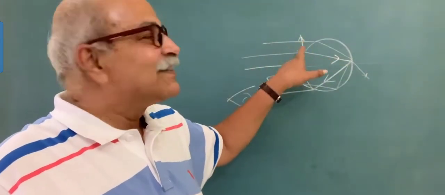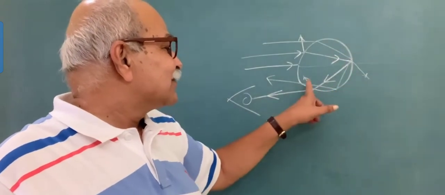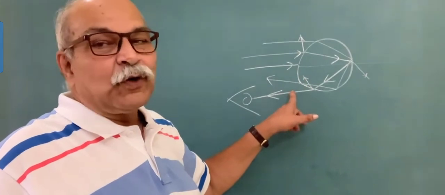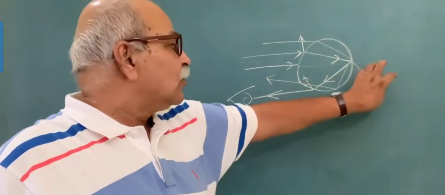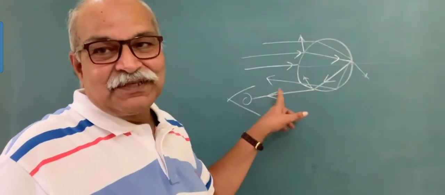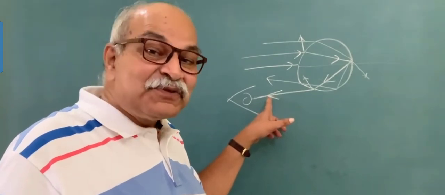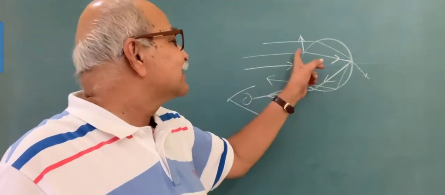There is a partial reflection here and partial transmission here, and here also partial reflection. So the intensity depends on how much light is lost and how much light has come out of this drop from this side. That intensity also depends on where this light falls.